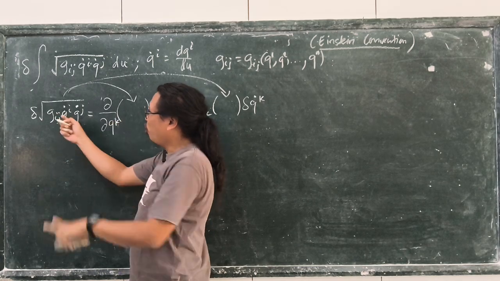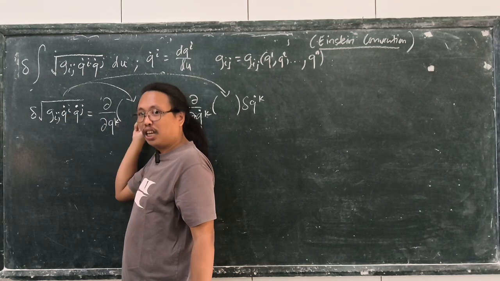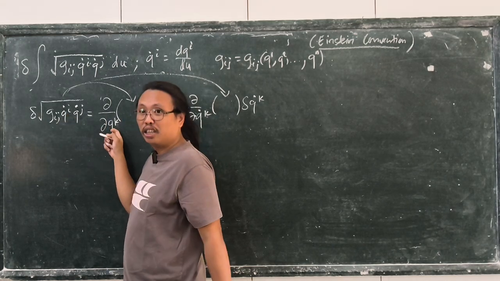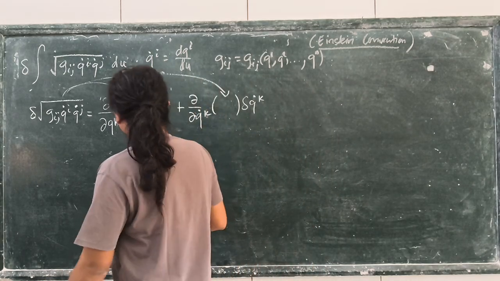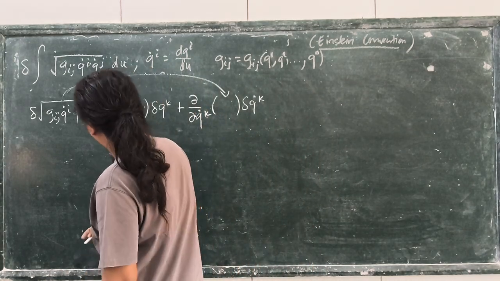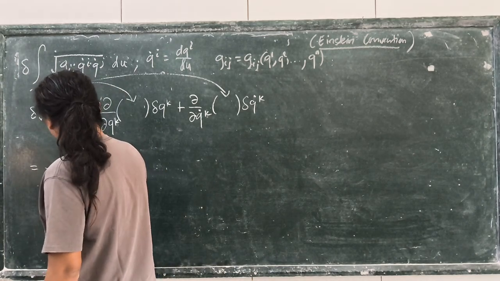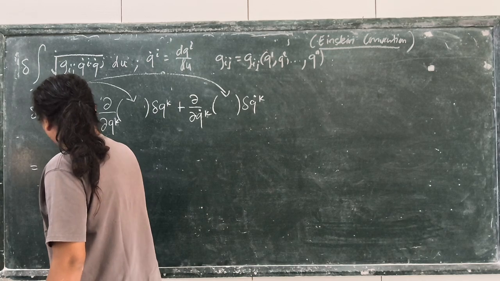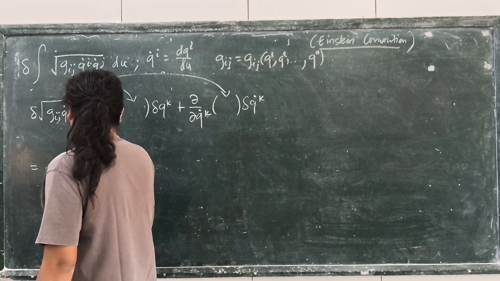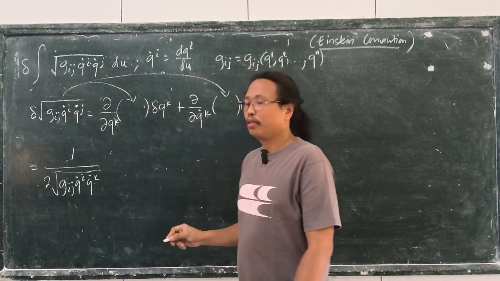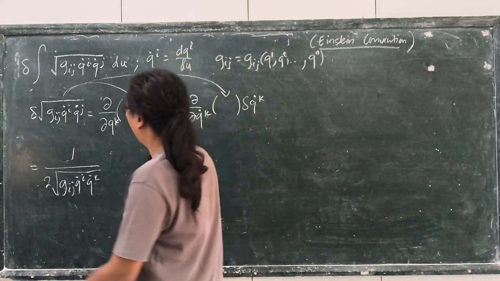Why? Because Q dot I and Q dot J, Q dot I and Q dot K, are not a function of QK. And in this case, this is 1 over 2 square root of Gij, Q dot I, Q dot K, times the differentiation.